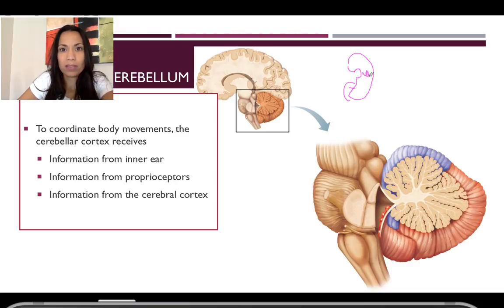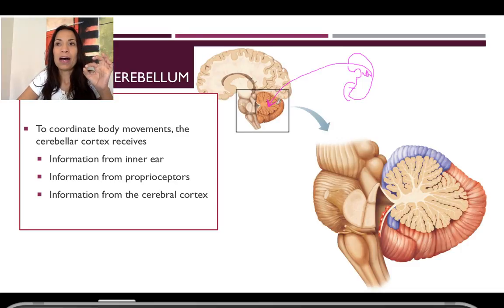Those organs, the receptors in there, send sensory information about every millisecond. It sends sensory information about the rotational movements or balance of our head, or position of our head.